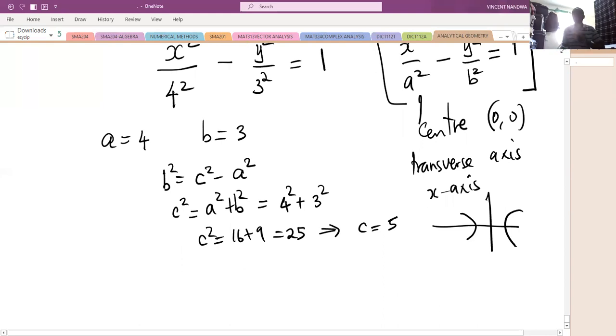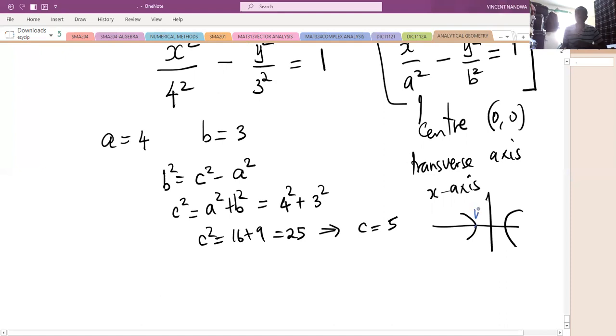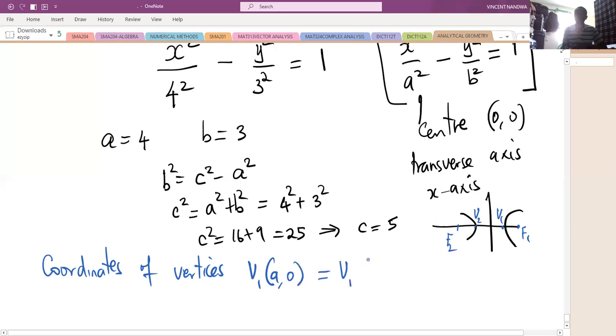So therefore, because we know that this must be the structure of the graph given in the question, at this point we will have V2, F2, V1, F1. So, coordinates of the vertices. V1 is given by (a, 0), which has coordinates (4, 0).